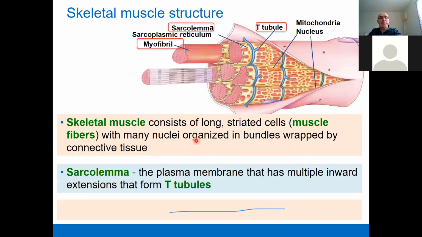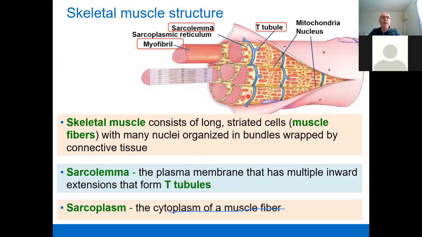Okay, and the sarcolemma, as you see here, the plasma membrane of the muscle cells we call the sarcolemma, and this plasma membrane has multiple inward extensions to form, as you see, the T-tubule.